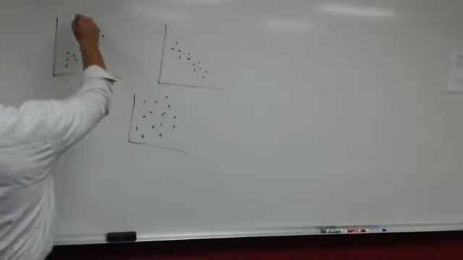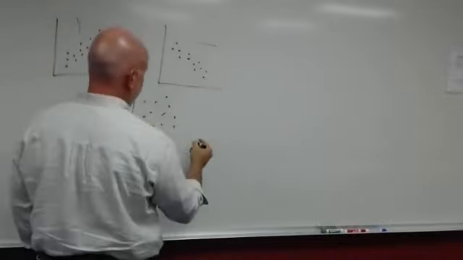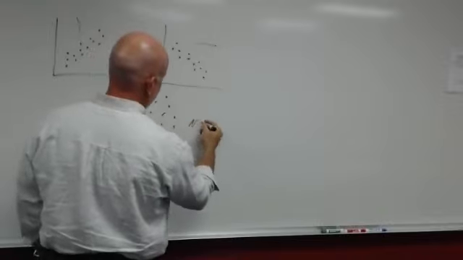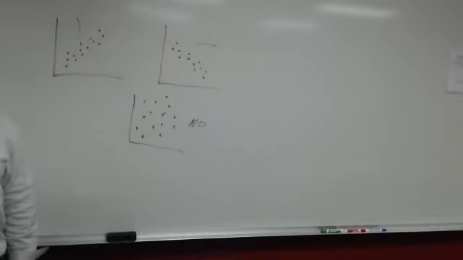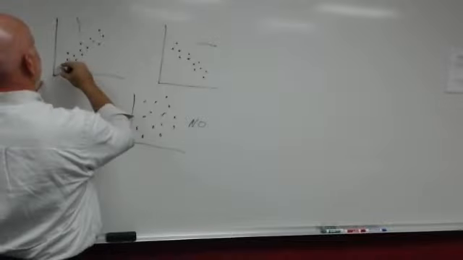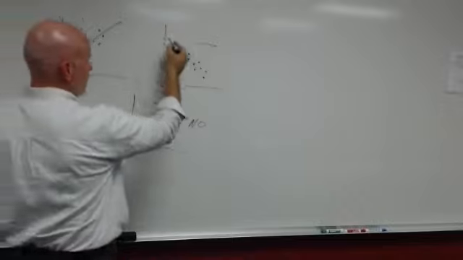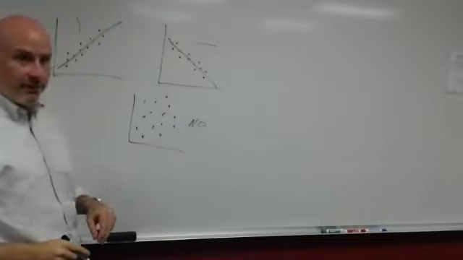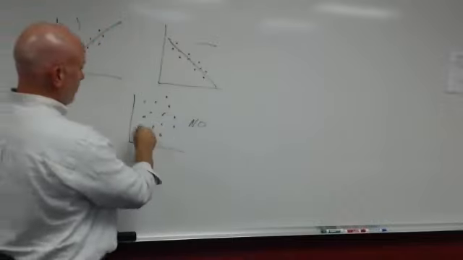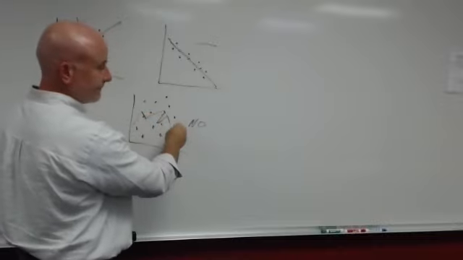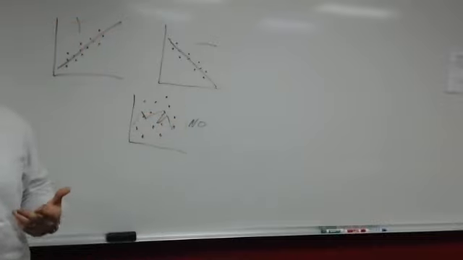All right, I would define this as positive correlation, negative correlation, and no correlation. Here we can observe a relationship in this direction. Here we can observe a relationship in this direction. Here, not so obvious.